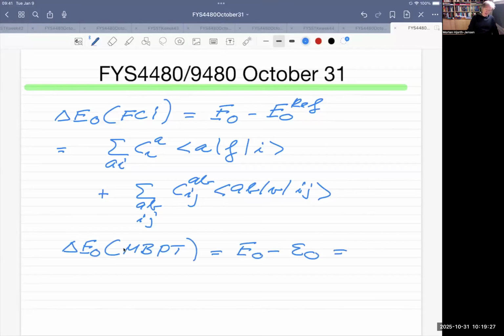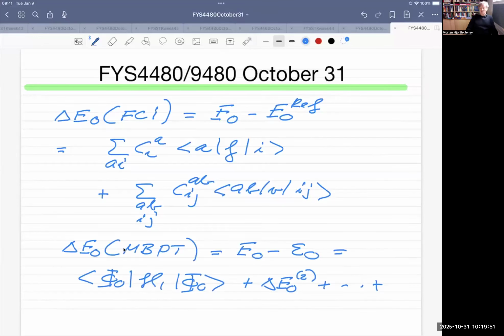We would then have the first order term, in terms of the interaction, and then the higher order terms: delta E0 of 2, which is second order, plus, plus, plus. And this goes in principle to infinity.